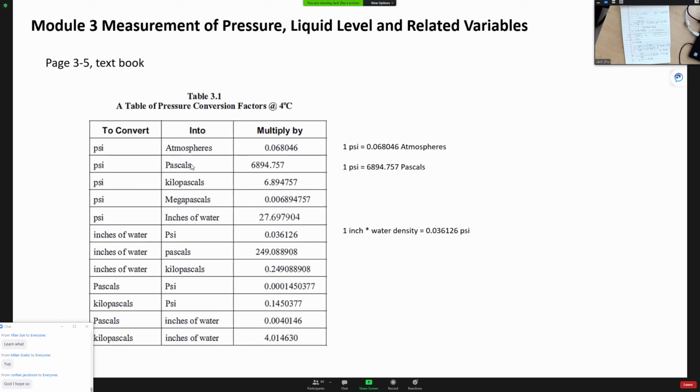Pascal is if you have 1 Newton of force applied to 1 square meter. So Pascal is a really small unit. But they give you a table, and do you have to remember this table? Unless you get a version F exam, you don't have to remember anything in this table. It's just for information only.